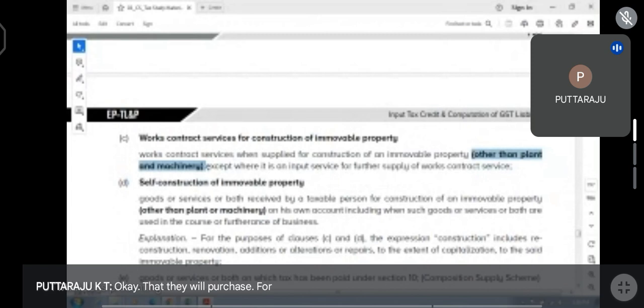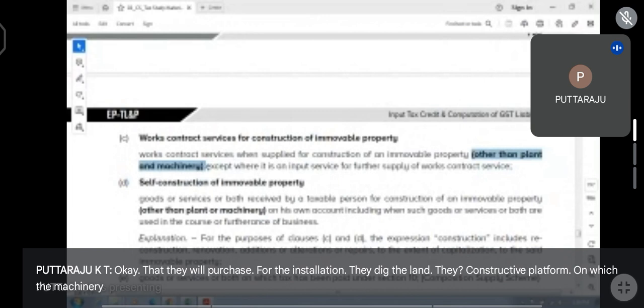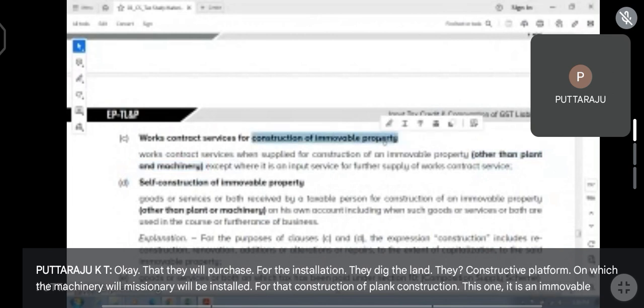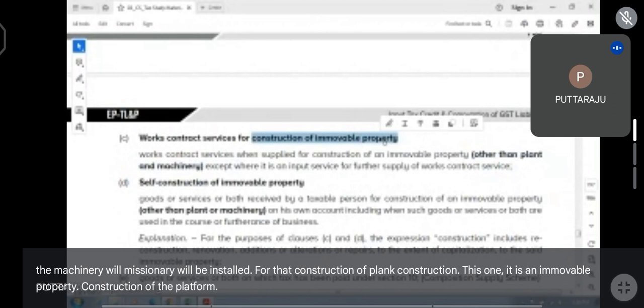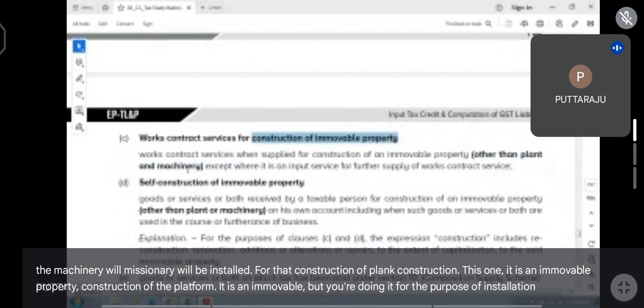For the installation, they dig the land and construct the platform on which the machinery will be installed. That construction is an immovable property, but you are doing it for the purpose of installation of plant and machinery.